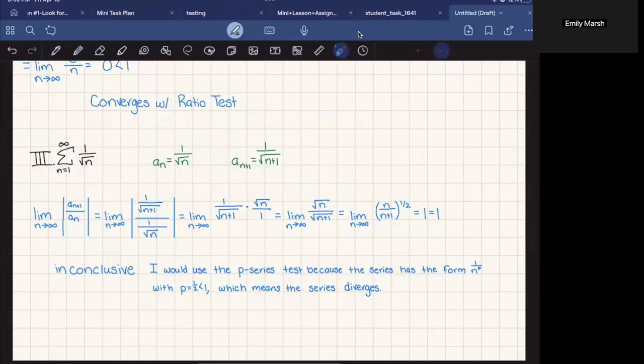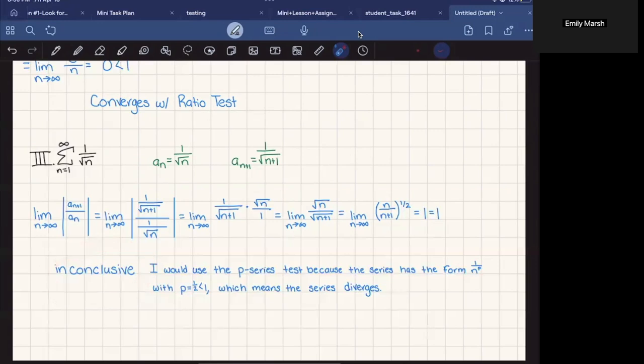And we do some calculations just to manipulate it into a nice looking form, which leads us to here. The power of both ends are the same. Thus, we are left with looking at the coefficients in front of them, and they're both 1. Thus, our limit approaches 1. And when we have a limit that approaches 1 for the ratio test, it is inconclusive.